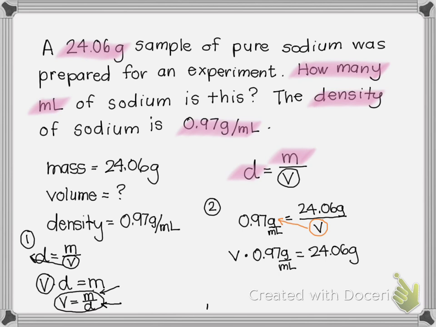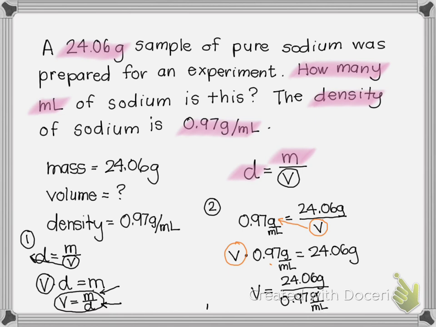Then I need to get volume by itself. Here's volume. So I'm going to divide the density over to the other side. So I'm then going to have volume equals 24.06 grams divided by 0.97 grams per milliliter.